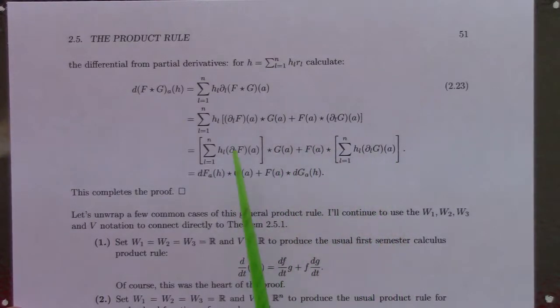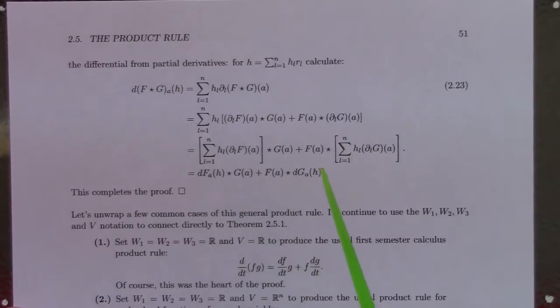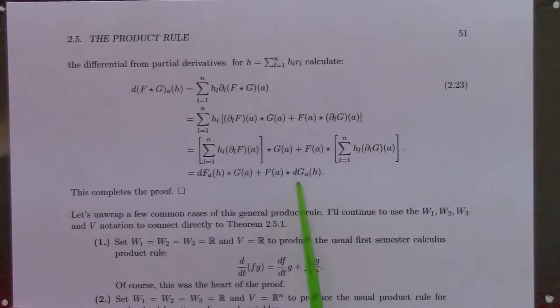I'm using linearity of the star product in both entries to do that. Technically an induction, if I have linearity for two things, I got linearity for n things. I haven't proved that either, you got me. So anyway, there it is. That's the differential of f at h, that's the differential of g at h, and there you go. That's the product rule for the differential of the star product.